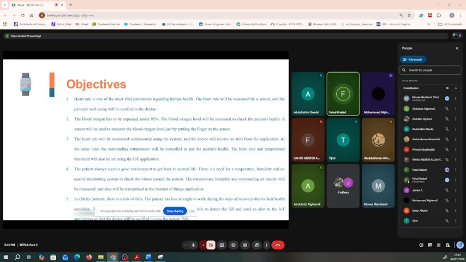Number 5: an elderly patient has a risk of falls. The patient has less strength to walk during the days of recovery due to their health condition.